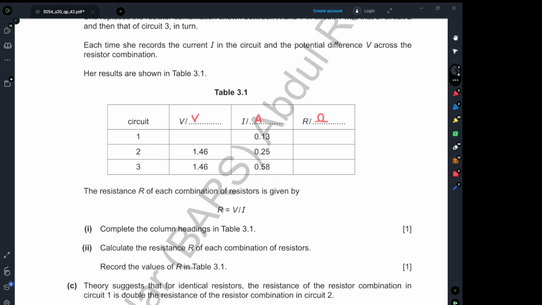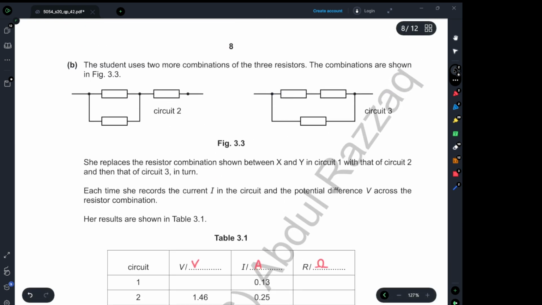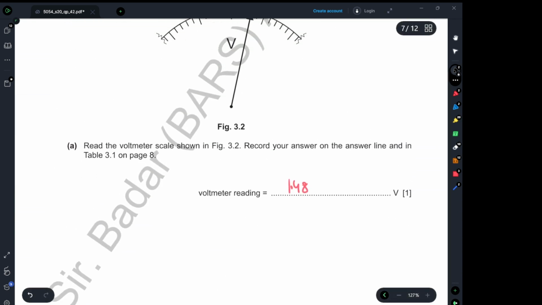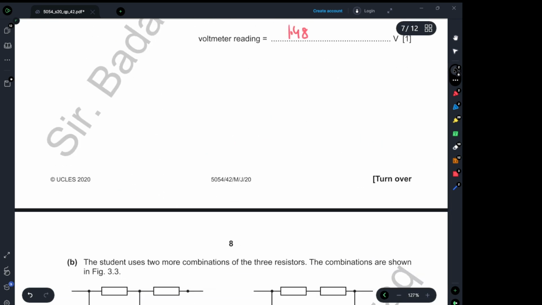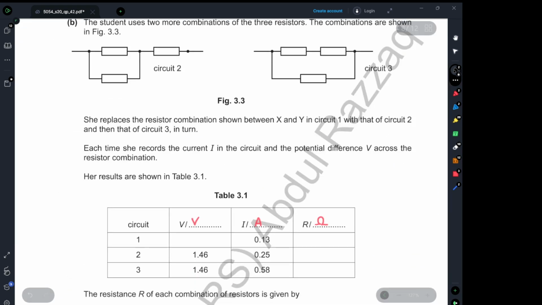So circuit 1. Calculate the resistance R of the combination of resistors. ठीक है, so circuit number 1. Circuit number 1 क्या है? ये रहा. This is circuit number 1. Circuit number 1 में you've got I, you've got potential difference to be 1.48. ठीक है, तो V is equals to IR, तो R निकालने के लिए आप डिवाइड करेंगे.